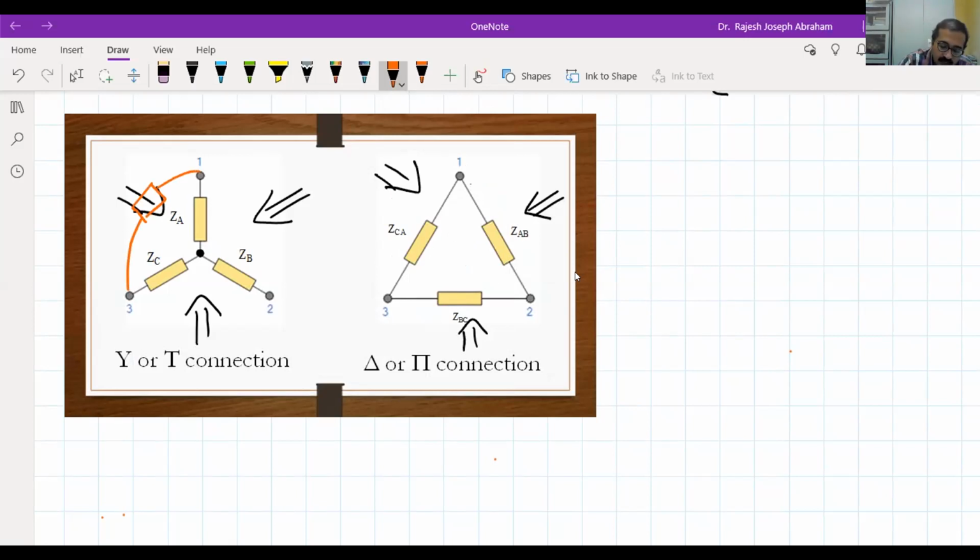Similarly, I can find the equivalent impedance between points 1 and 2, and that corresponds to ZAB. Likewise, between terminals 2 and 3, that corresponds to the impedance ZBC in delta, or vice versa. So this can be transformed into a corresponding star of this kind.